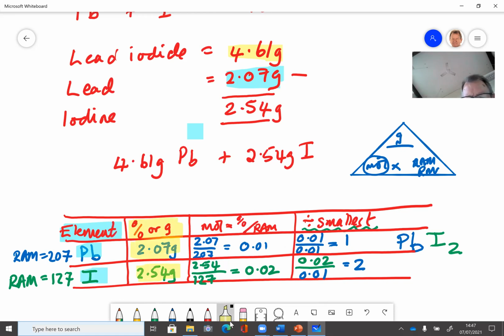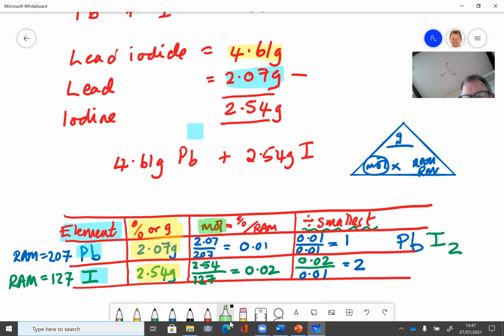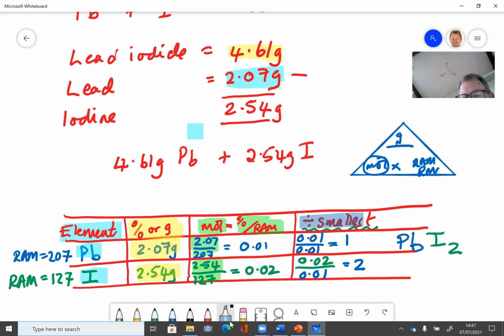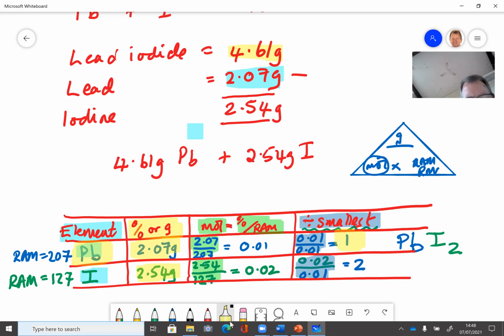Then we find the moles, and the moles is always the percentage or the grams over the RAM for each one of them. That gives me a ratio, but sometimes these numbers are not very good to look at. So we divide by the smallest to produce these two numbers here. And then we know that the lead here is 1 and the iodine here is 2.